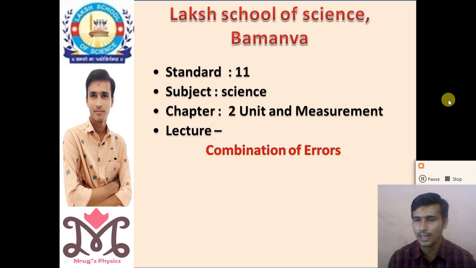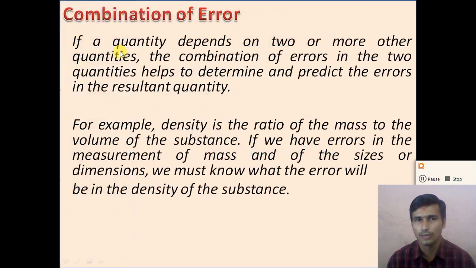What will be the error in the physical quantity obtained by combining several physical quantities? So dear student, in this video we will discuss the combination of errors in several physical quantities. What do we mean by combination of error?